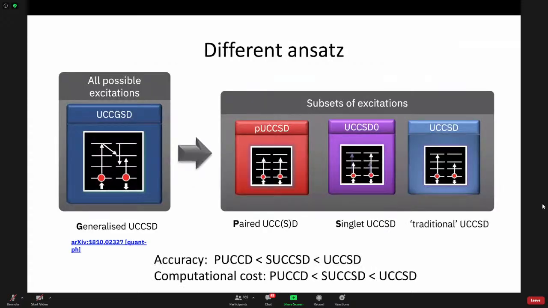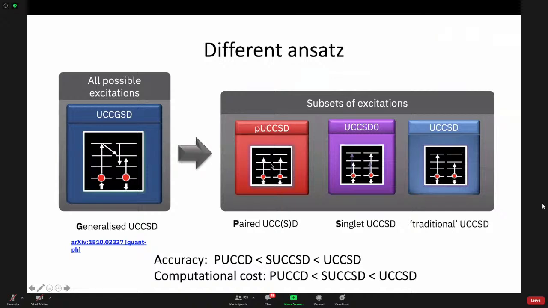So changing the ansatz. Qiskit supports different ansatz of the coupled cluster family. This one is called the UCCSD. So we treat all single excitations and all double excitations. And there are 2 variants of this supported in Qiskit. One is the pair UCCD calculation.